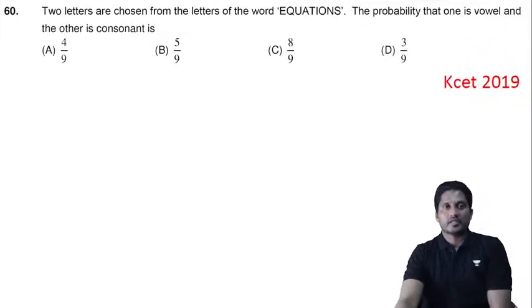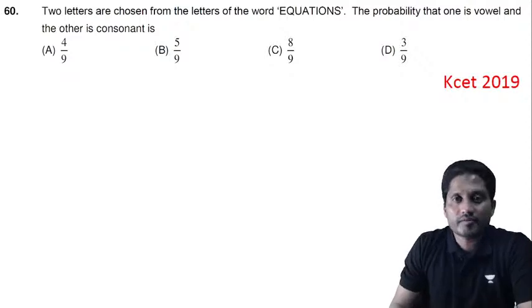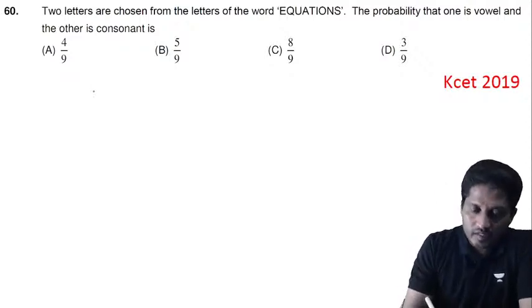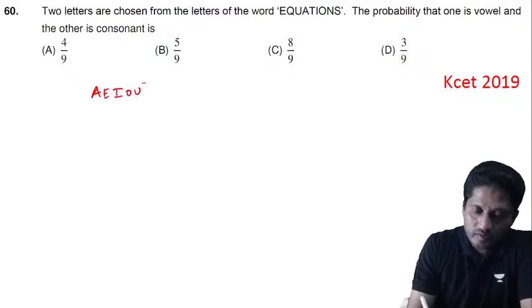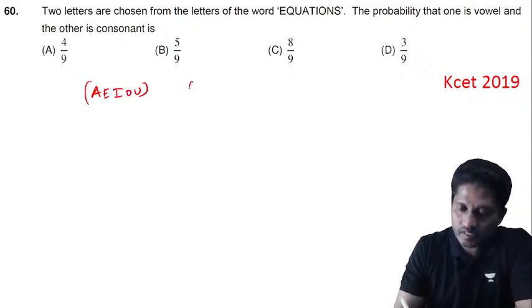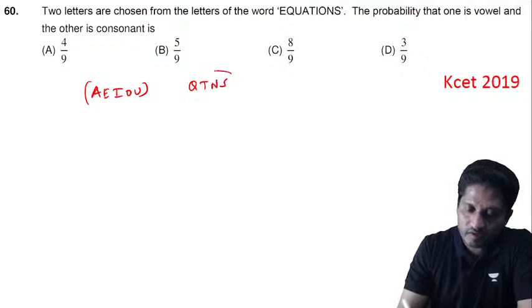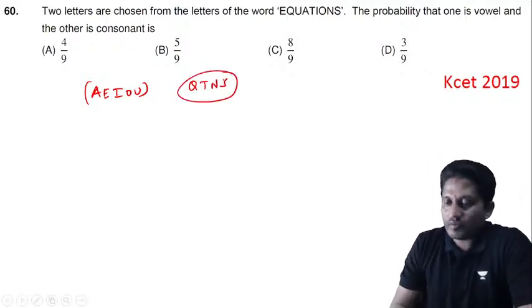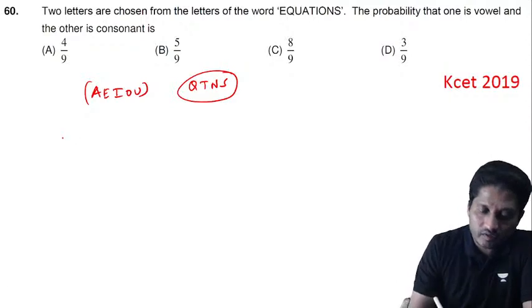Let's move to the next question. Two letters are chosen from the letters of the word EQUATION. The vowels are A, E, I, O, U, and the consonants are Q, T, N, S. What is the probability that one is a vowel and the other is a consonant?